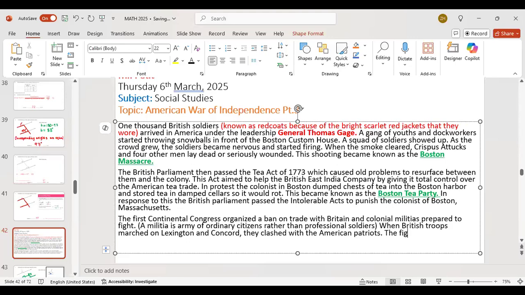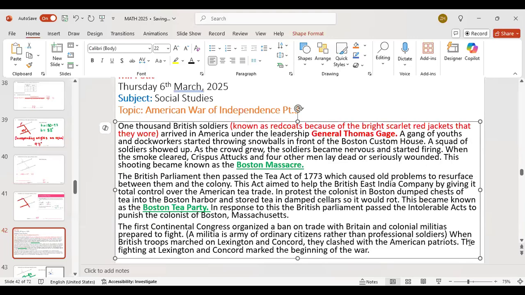The fighting at Lexington and Concord marked the beginning of the war. And this war had ramifications for the Bahamas. So the next time we come, we're going to be talking about what happened to the Bahamas during the war and how we got affected during the war.